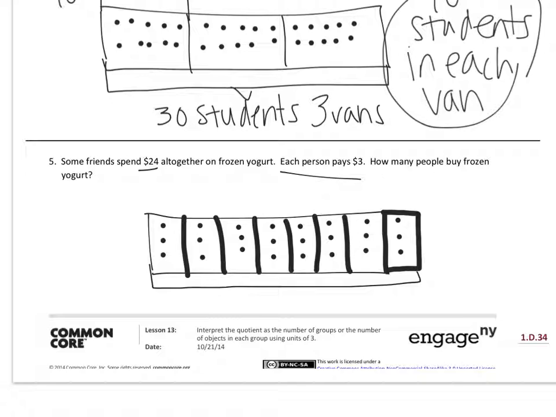My total goes at the bottom, and I know that my total is $24. And how many people? Remember that each section is a person. 1, 2, 3, 4, 5, 6, 7, 8. 8 friends.